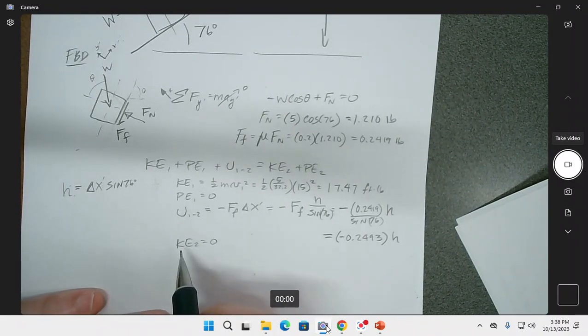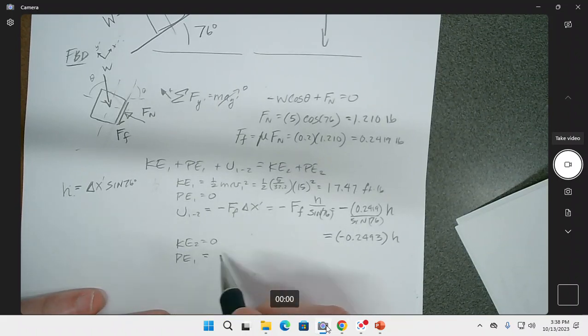So the potential energy is then going to be equal to weight times H. We usually go mgy, but that's basically what it comes out to.